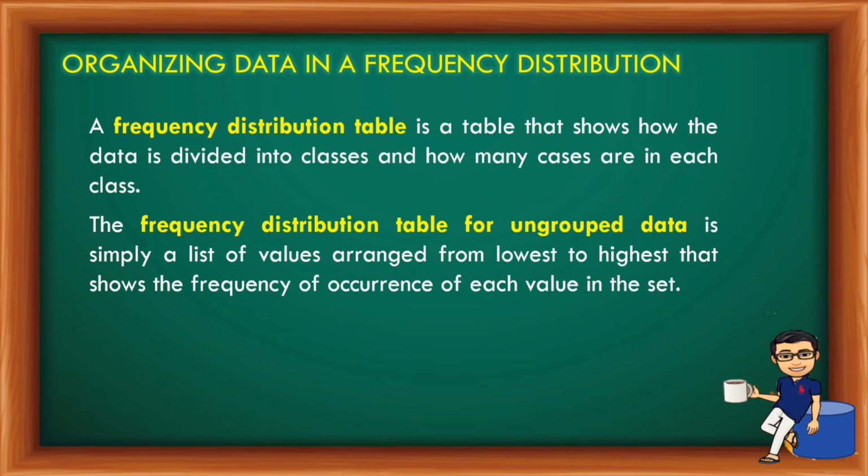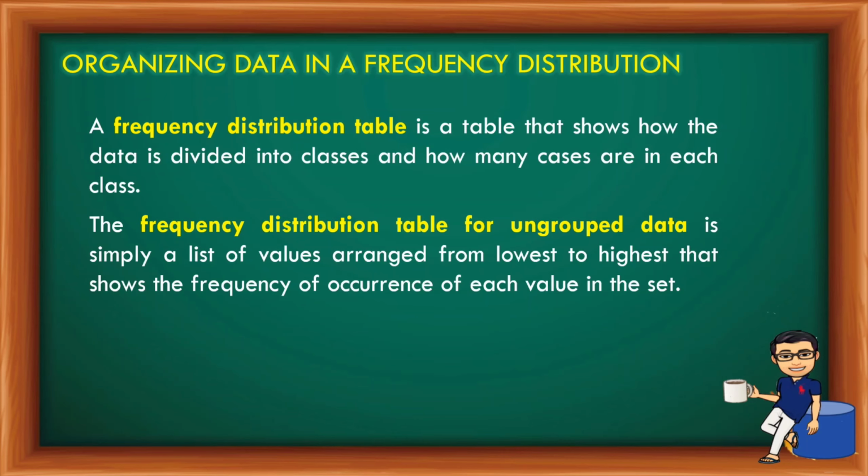So, pag sinabi natin the frequency distribution table for ungroup data, it is simply a list of values arranged from lowest to highest that shows the frequency of occurrence of each value in the set. Later on, magkakaroon tayo ng halimbawa ng ungrouped data para mas maging malinaw.